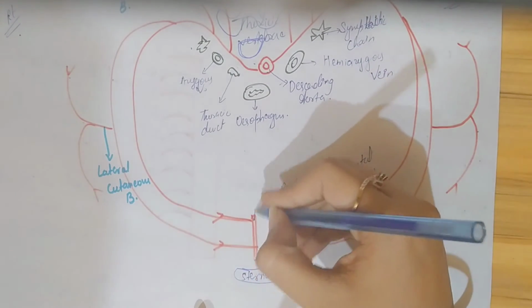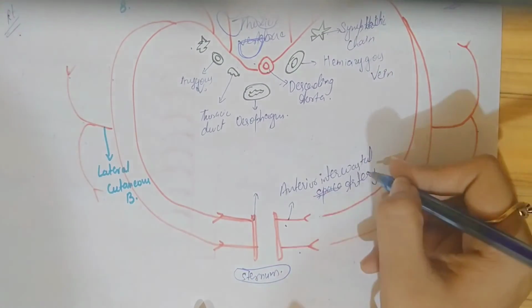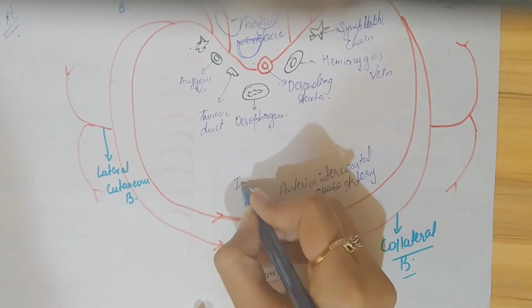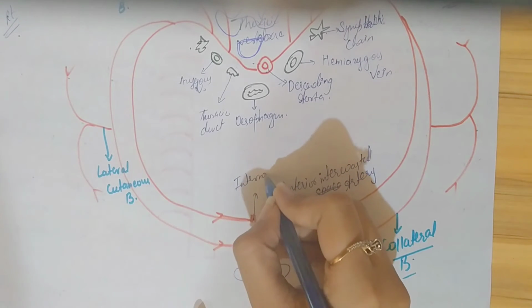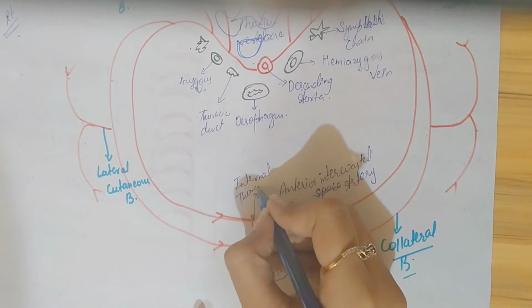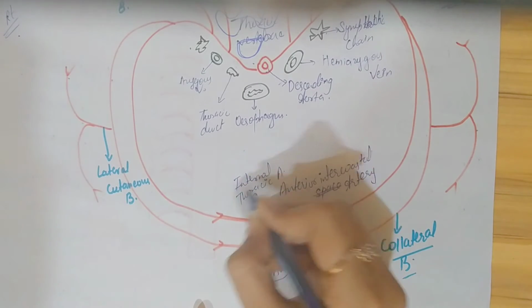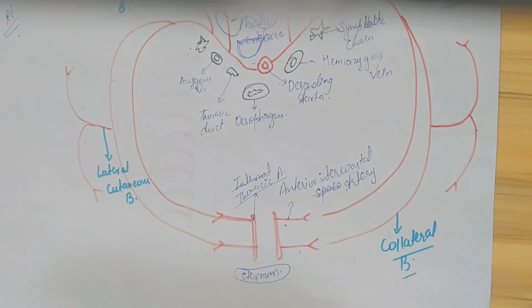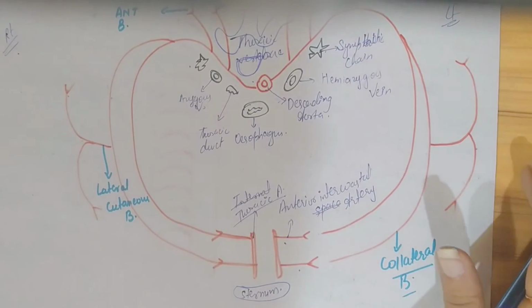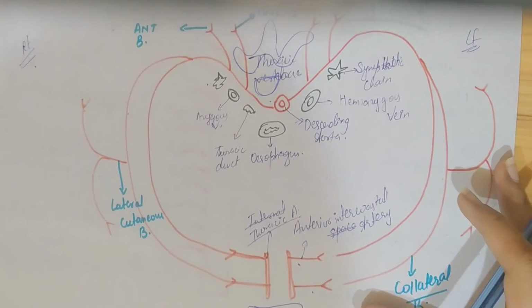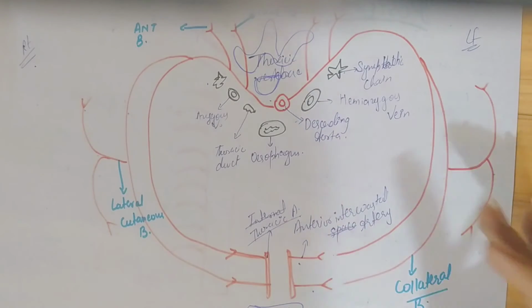And the one from which these anterior intercostal arteries arise is the internal thoracic artery, which is also a branch of the subclavian artery. So we can say that the intercostal spaces are supplied by the subclavian artery, directly or indirectly.